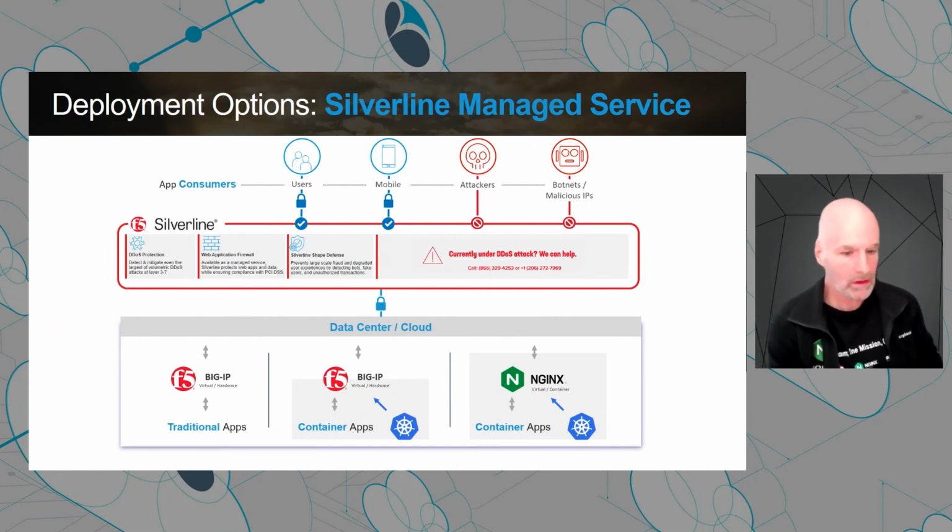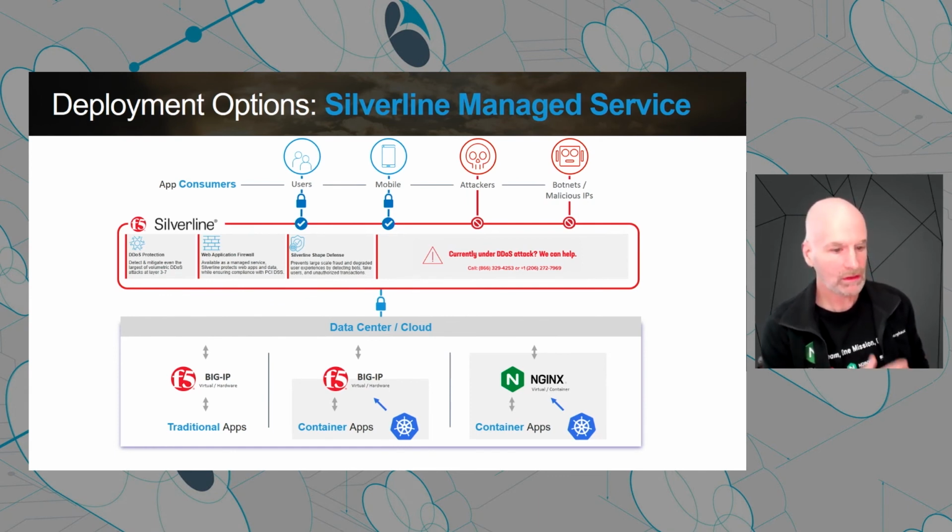Now, if you want to buy your security from F5 as a managed service, then you can use Silverline. Silverline is our cloud-based service, fully managed by the Silverline SOC engineers. You can automate the deployment of a Silverline proxy, and a Silverline proxy really provides an Anycast IP address northbound out of Silverline, so that all your app consumers can get to the service.